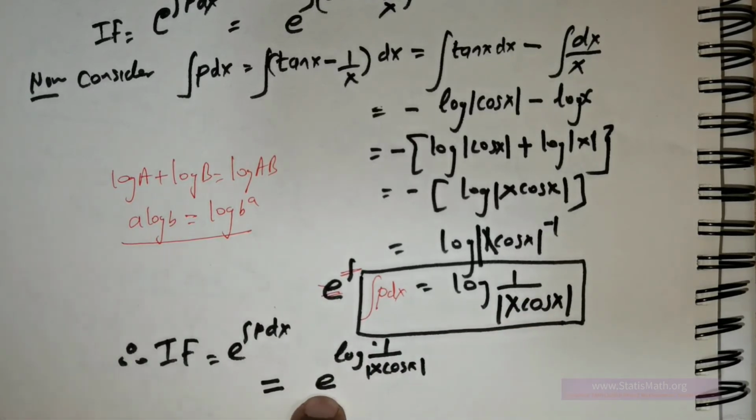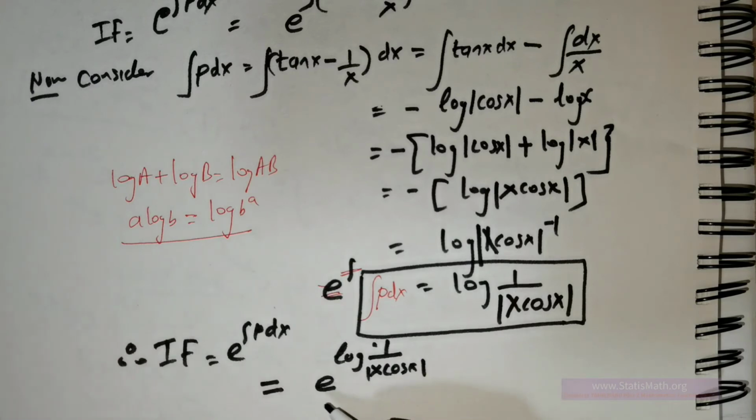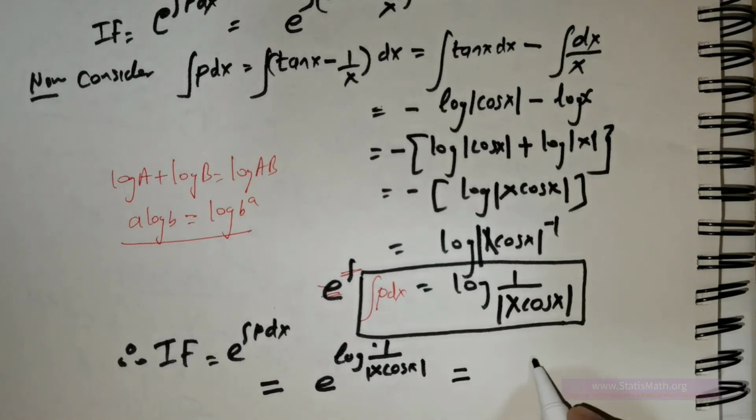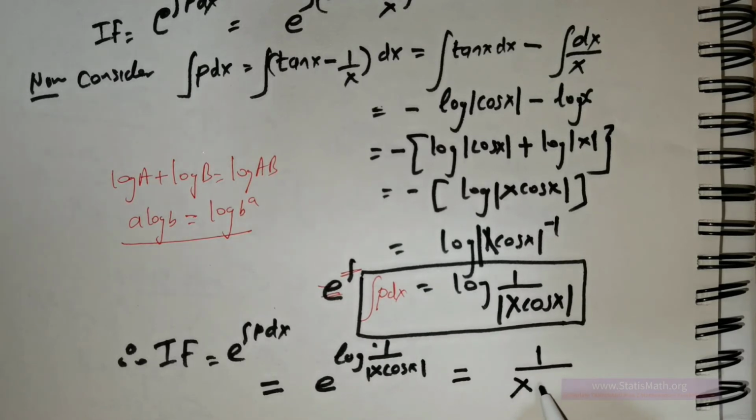Now e and log will get cancelled, because of the fact that we are taking it as the natural log, so it's not another base. Because of that, I can rewrite this as 1 over x times cos x. So this is what I get as the integrating factor.